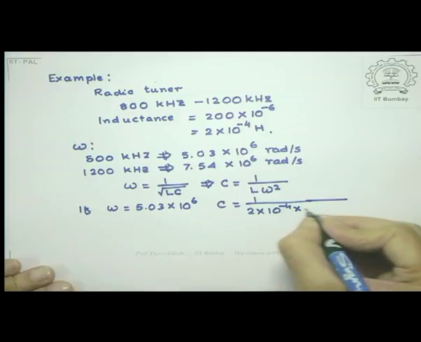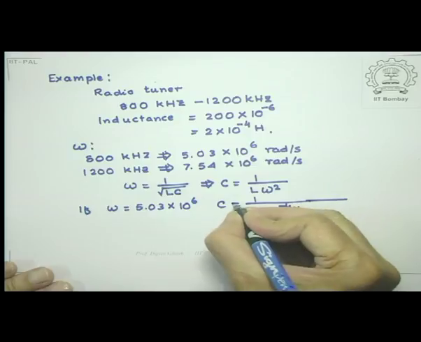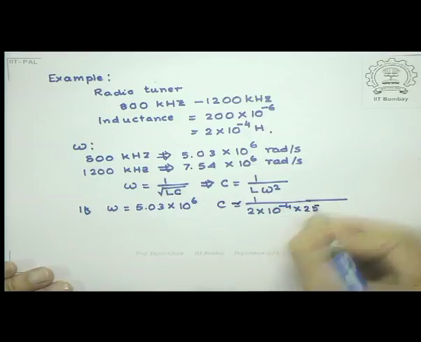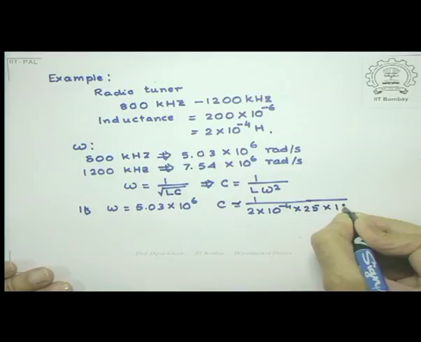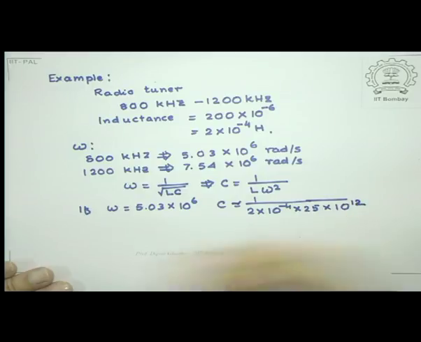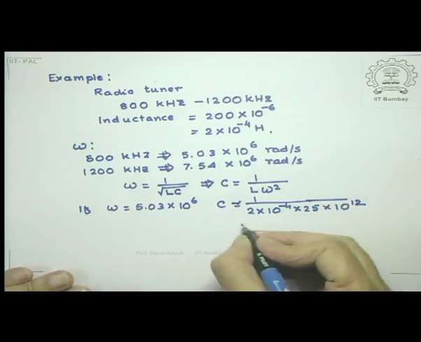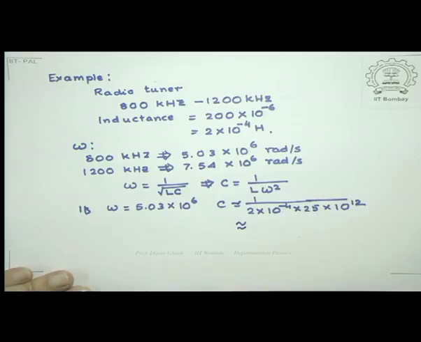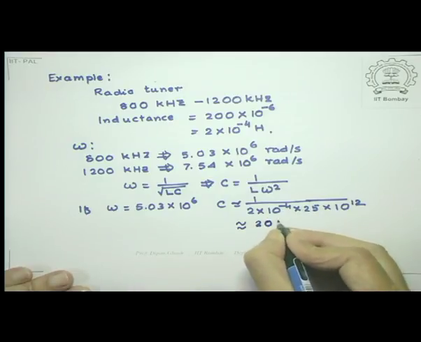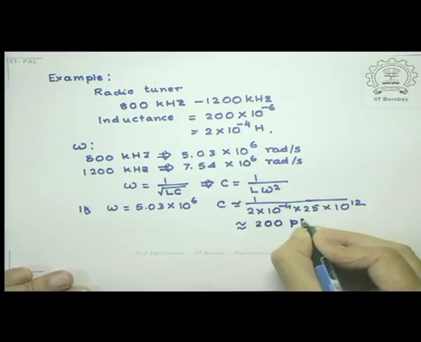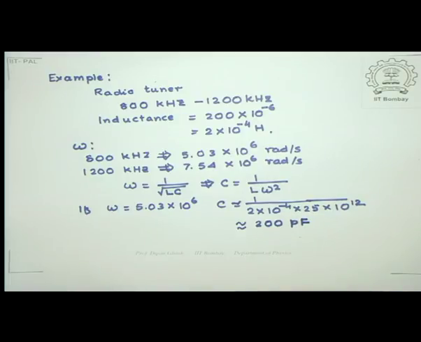That's about, let's just approximately say, 25 into 10 to the power 12. So therefore this quantity, as you can see, it is 1 over 50 and 10 to the power 8 in the denominator. So put them back, this gives you about 2 into 10 to the power minus 10, which is the same as about 200 picofarad. 1 pico is 10 to the power minus 12.